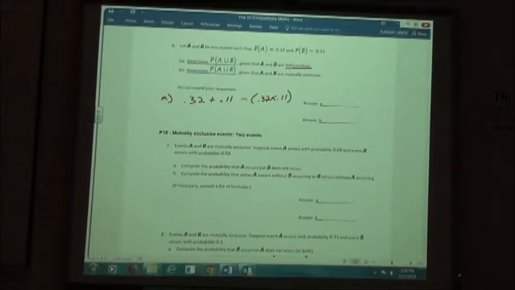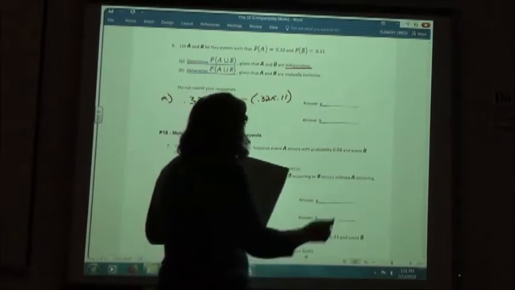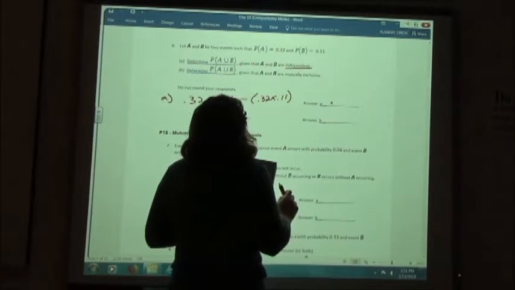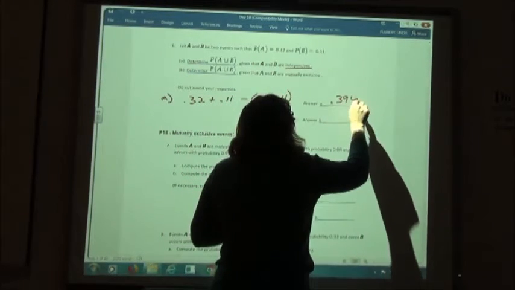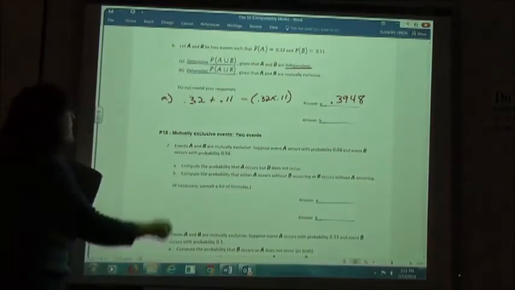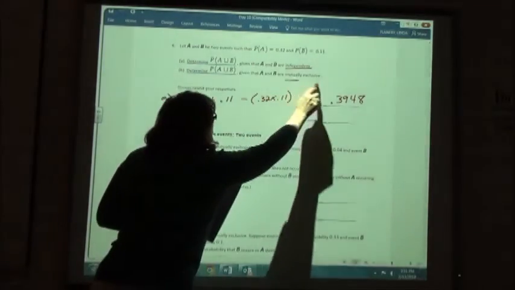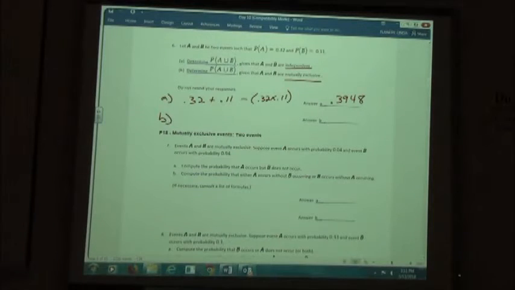Probability of A plus the probability of B minus the probability that both of them happen. So I have to multiply those together. So we get 0.3948.